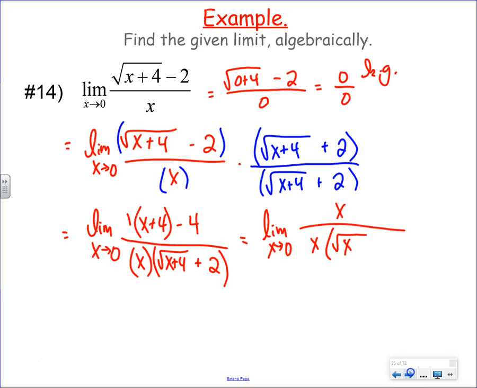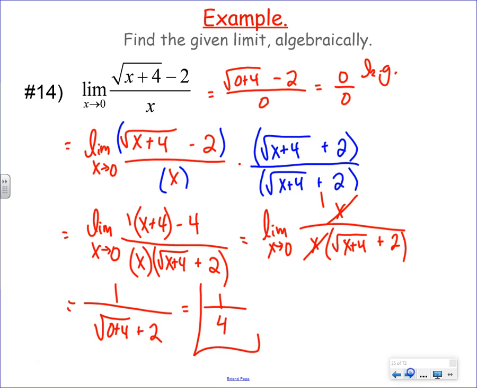And some of you already went further because you're like, wait, there's an x on top and bottom, so you can just simplify him. What's left? 1. And then why am I going to stop writing limit? Because I'm going to plug in and be done. So 1 over the square root of 0 plus 4 plus 2. Square root of 4 is 2, and 2 plus 2 is? Did you get it?